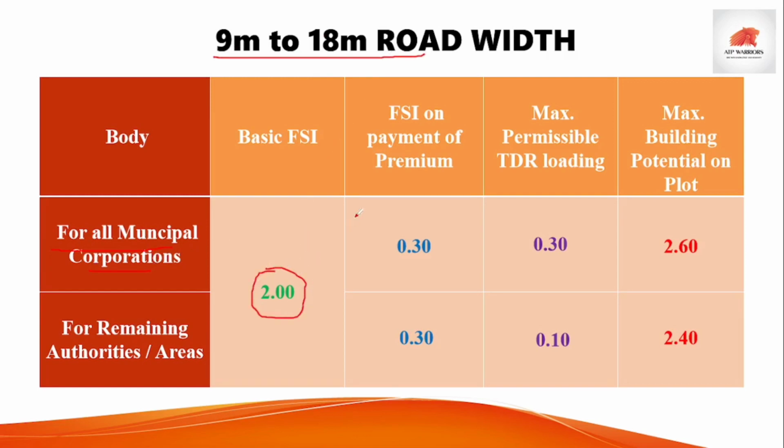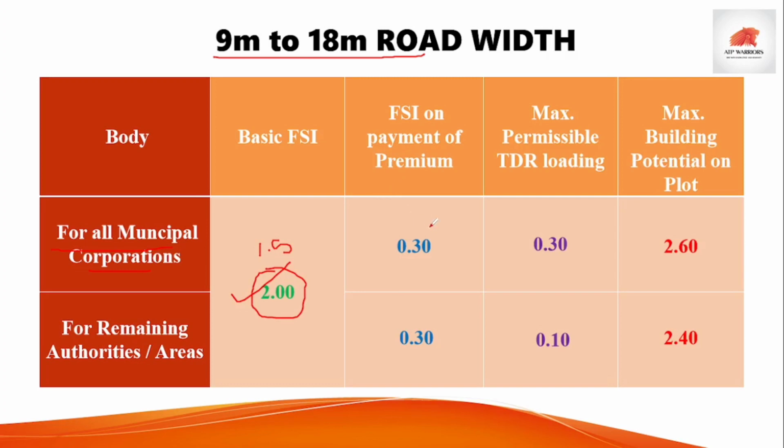For a road below 9 meter, it is 1.5. And for the road 9 to 18 meter width, for both municipal corporations and for remaining authorities, it is, sorry, 2. So what are the premium FSI, maximum TDR and maximum building potential? We are going to see clearly over here.